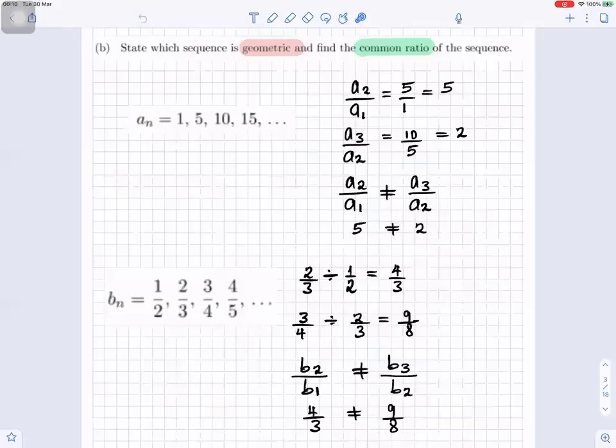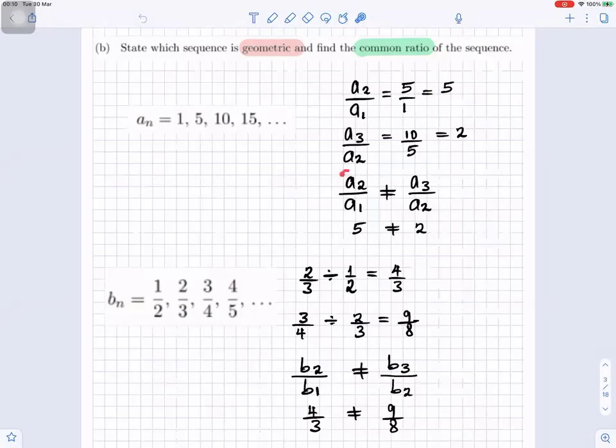For part B, state which sequence is geometric and find the common ratio of the sequence. For a geometric sequence, the second term divided by the first should be equal to the third term divided by the second. So A2 divided by A1 is 5 divided by 1, which is 5. A3, 10, divided by A2, 5, gives you 2. And 5 is not the same as 2.